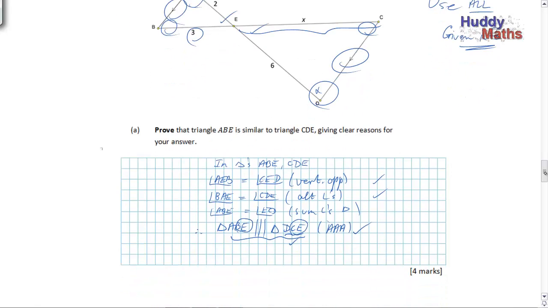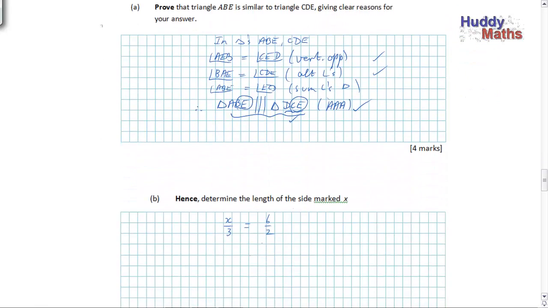And then we've got the 6 over 2 corresponding sides. That's why this is important, to match up corresponding sides. Okay, so that means x is equal to, multiplying both sides by 3, 18 over 2, or 9, for example. So that, and then 1 for the answer. Make sure back up here you get the order stated so you can use your similar triangle result.